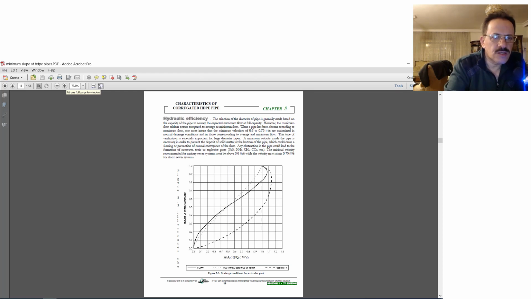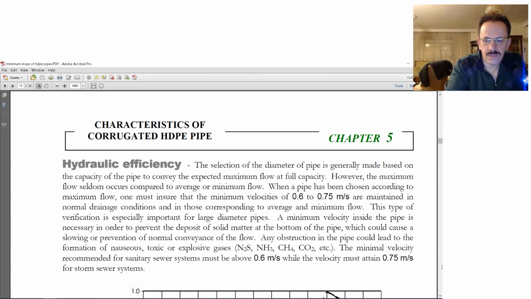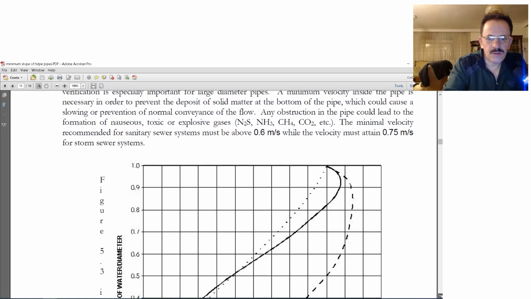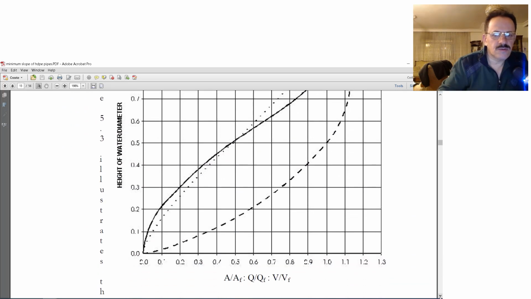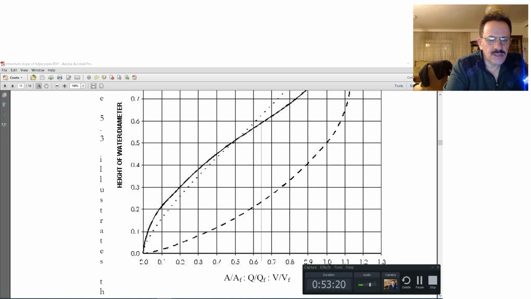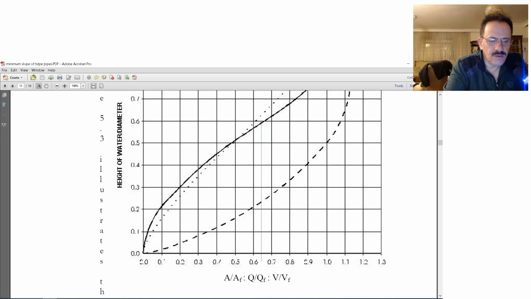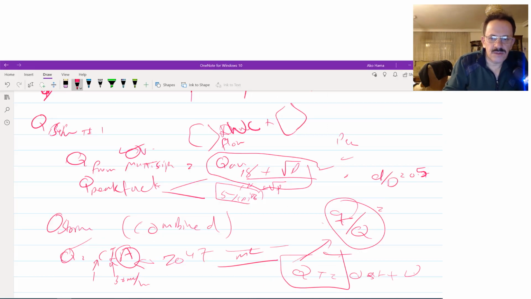If I assume that the partial flow d over D, where d is the height of the water, was for example 0.6, then I can get q over Q as 0.65.